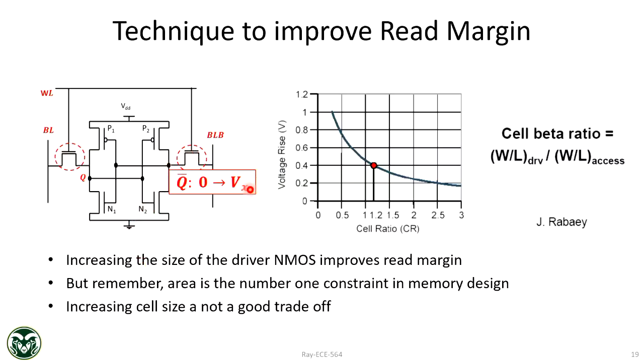But in general, this is the plot. Cell ratio, which is nothing but pull-down ratio, should be high, because here mobility will not help you, since both have the same mobility. So you have to have at least more than 1, like at least 1.2 to give some margin. Make sense to all of you? Okay.